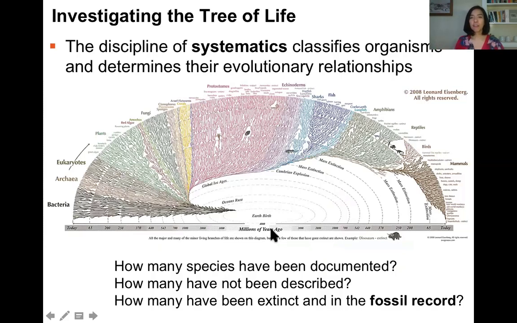This is a cartoon of the concept of the tree of life. In the tree of life concept, we really want to understand the phylogenetic relationships, the evolutionary relationships, of all of these species on Earth. Yes, the 1.5 million species that have been documented, and not only those, but the ones that have not been documented and the ones that are extinct. We want to understand the evolutionary relationships of everything. Here, we have the origin of Earth, which we have said happened 4.5 billion years ago.